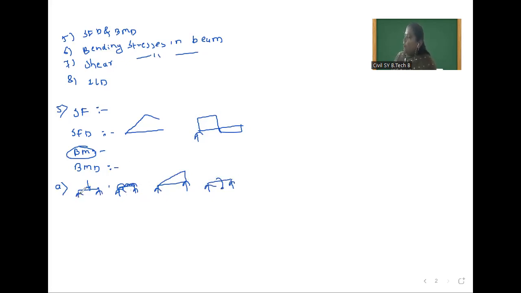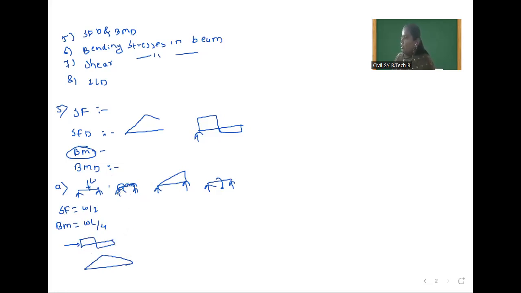If point load is applied at that time, shear force is equal to W by 2. Suppose W load is there, bending moment will be WL divided by 4. That means the shape of shear force diagram is a horizontal straight line and bending moment diagram is an inclined straight line.